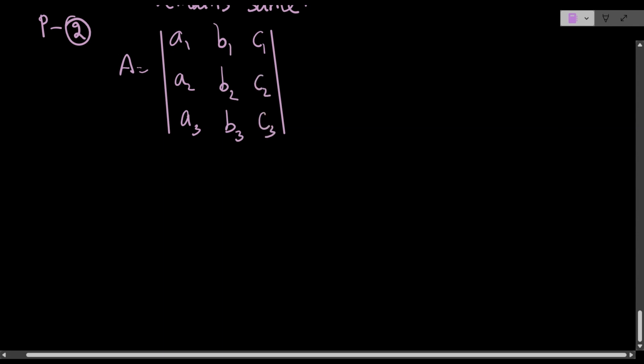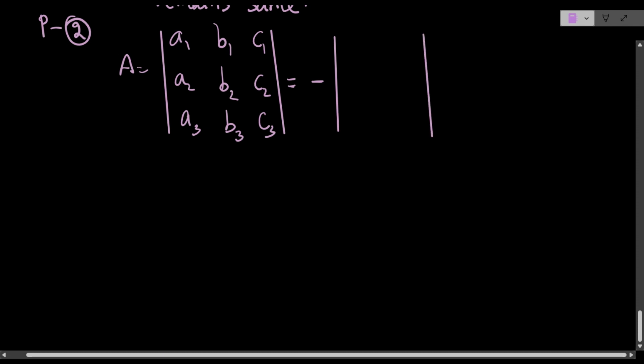Now I am going to change only two rows, or any two rows or two columns. Any two, not all. Only two, not all. Then its value will be a negative of.